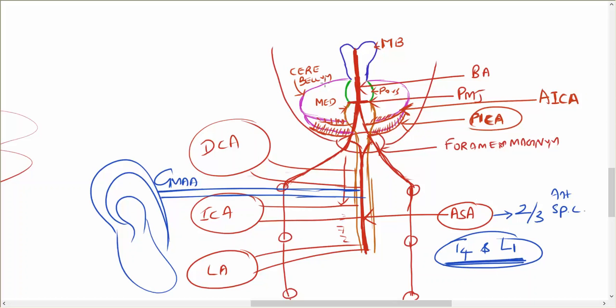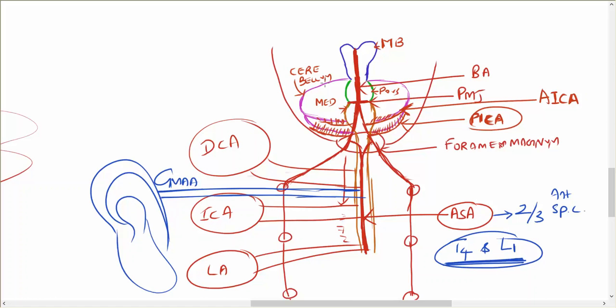Okay, so once again, let me recap. The vertebral arteries come from the subclavian artery. The right subclavian artery comes from the brachiocephalic trunk, whereas the left subclavian artery comes directly from the arch of aorta.